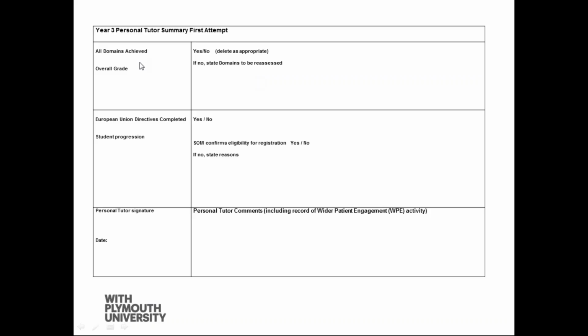So a summary of the domains achieved, if anything needs to be reassessed, the usual things around European Union directives, and here we go for a Year 3 sign-off mentor information and wider patient engagement information.